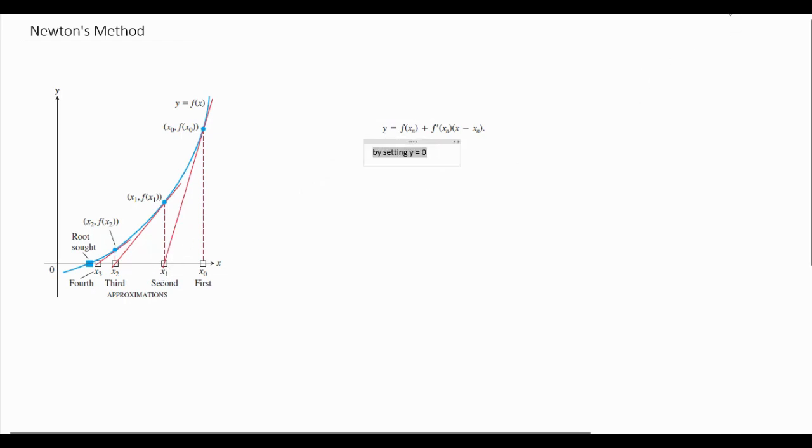So by setting y equals 0, we get the value of x. Now first xn will be any guessed number. It will give the second x, and that second x will be put in this equation again in this place, and that will give the third x, and so on.